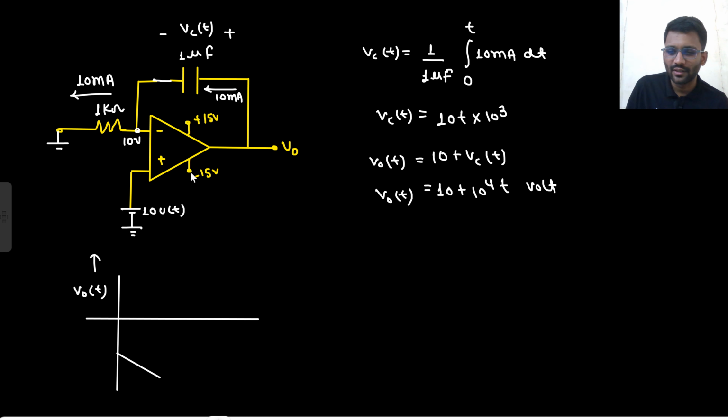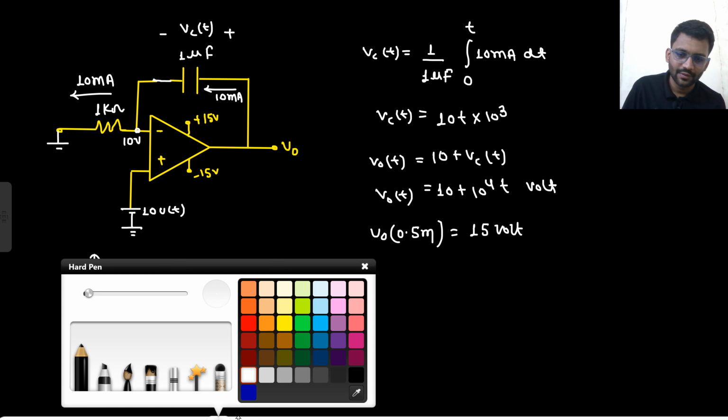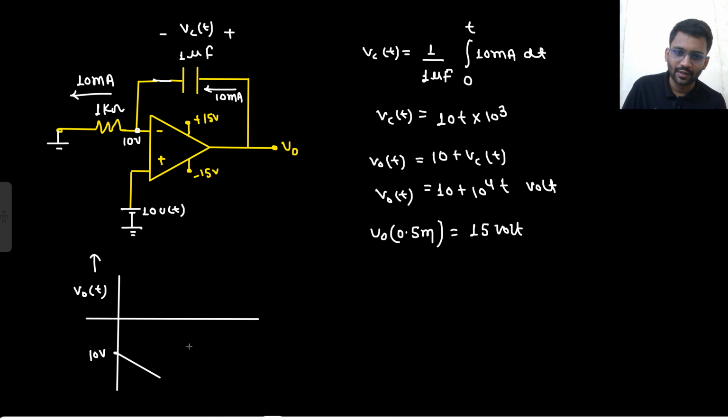So V naught potential at 0.5 millisecond, what would that be? That would be 15 volt. So it started from 10 volt and got saturated at 15 volt at 0.5 millisecond.